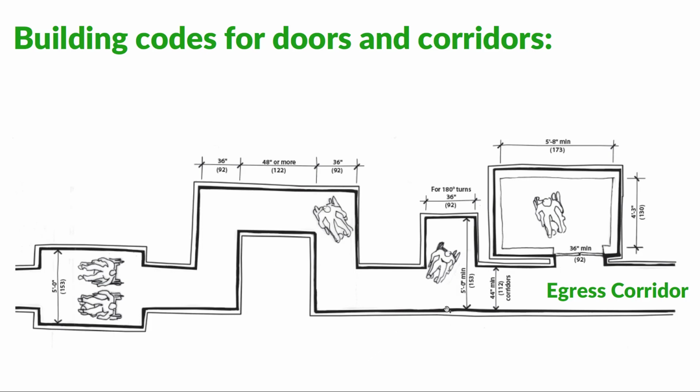If someone's going to do a 180-degree turn, we have a condition where we have at least 5 feet by 36 inches. Here again we see the 44-inch minimum corridor width for an egress corridor, again, when we need to exit the building. And then to get into this elevator, we're seeing the minimum measurements of 5'8" by 4'3" with a 36-inch minimum door.